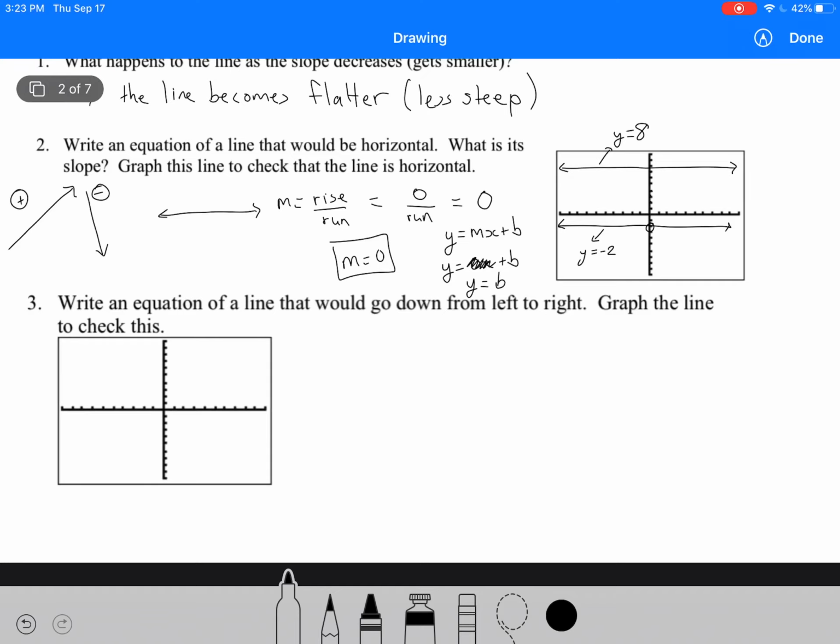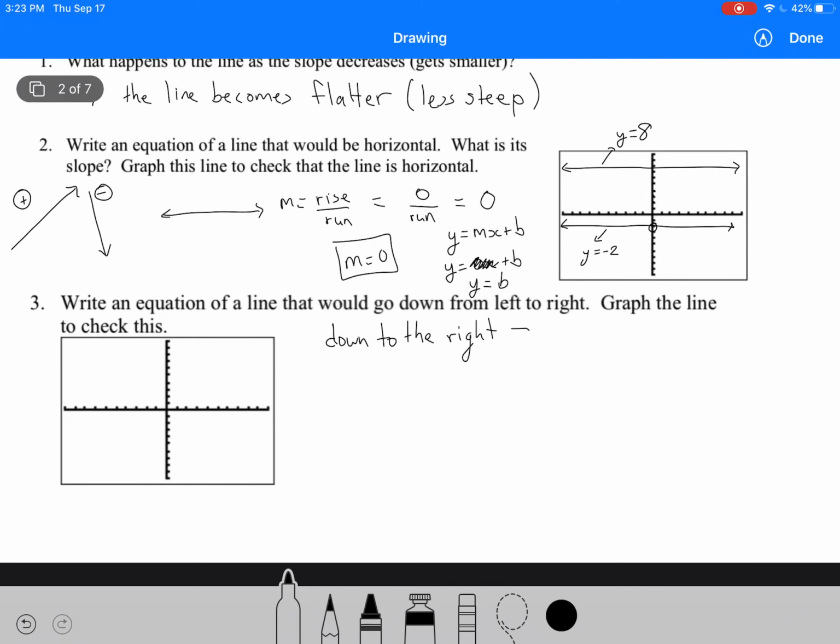So it says write an equation of a line that would go down from left to right. Graph the line to check this. So we know if it goes down to the right, again from our first note, this is kind of like a self-check note, we know it has to be a negative slope.